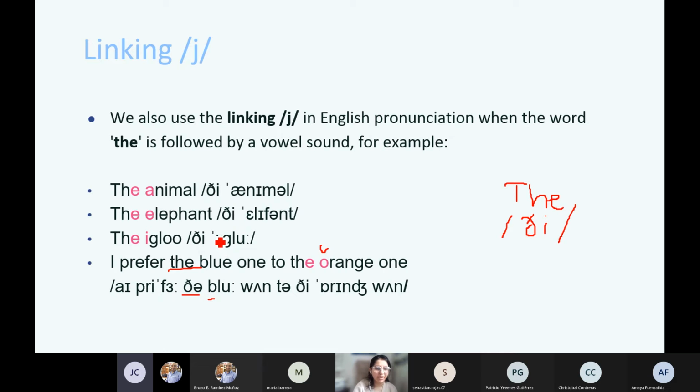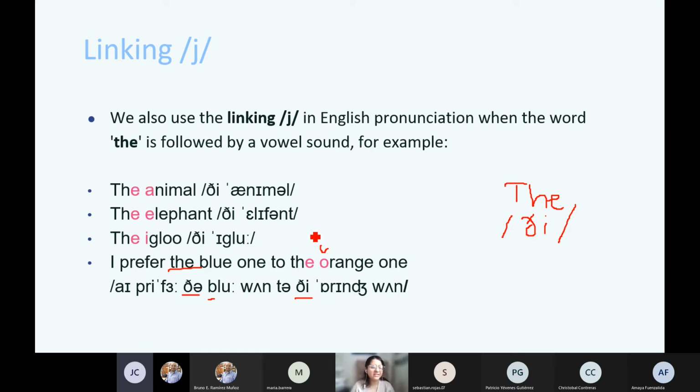So in this case, we use "thee" instead of "thuh." Is this clear? Yes. Thank you very much. Patricia? So in the last example it will be something like "thee orange."